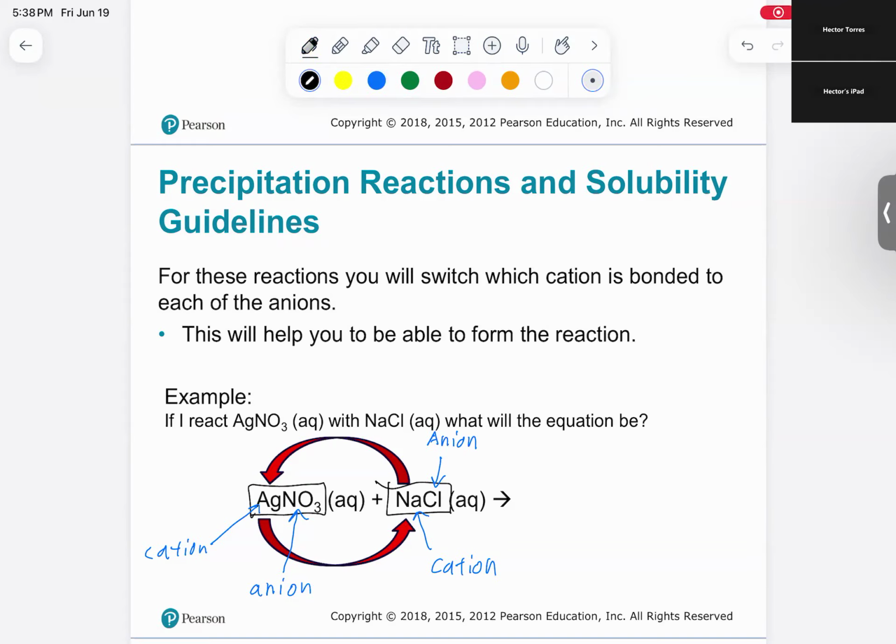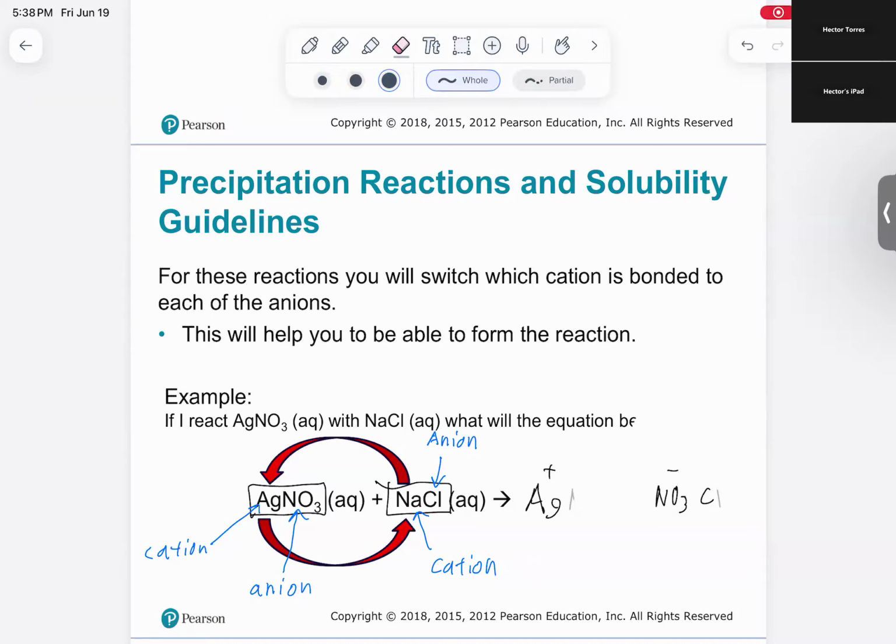Because of that, we know that Ag cannot be bound to Na. If I have AgNa, then I have a positive charge bound to a positive charge, and there's no way to balance out that charge. So those two cannot bind together. Just like that, NO3 and Cl would have two negative charges together, so those would not bind together. There'd be nothing to balance them out.